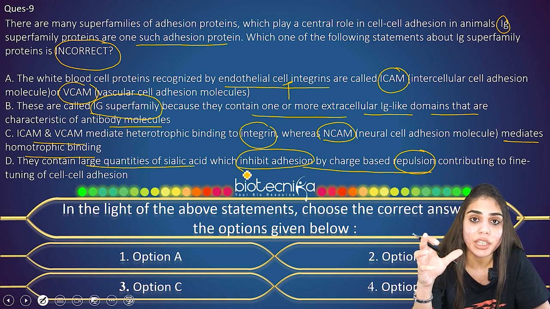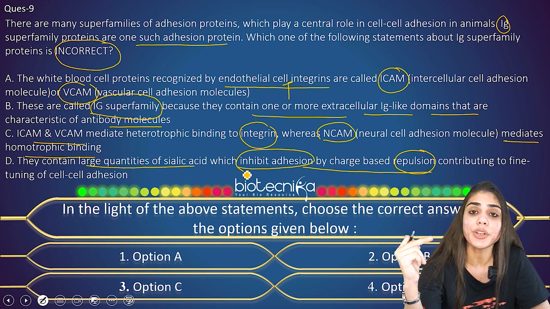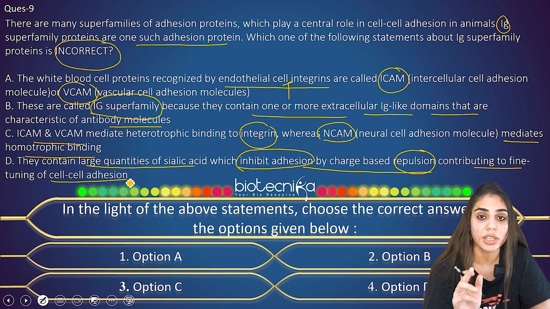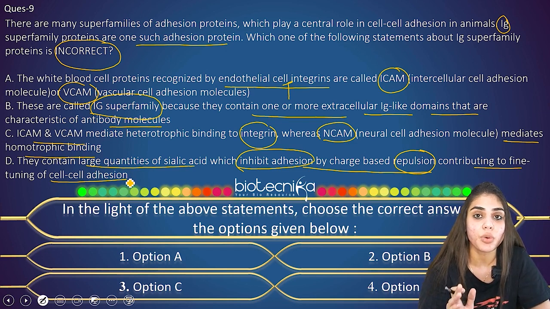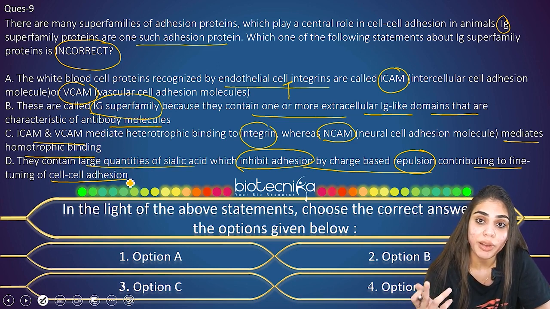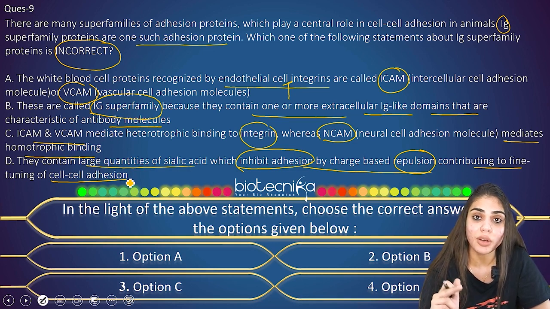And if the adhesion is inhibited, how will it contribute to the fine tuning of cell to cell adhesion? Just now we have seen it is going to inhibit the interaction between cells, because all of these CAM molecules have a large amount of sialic acid. So both of these terms are contradictory.